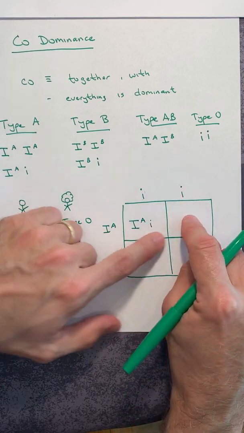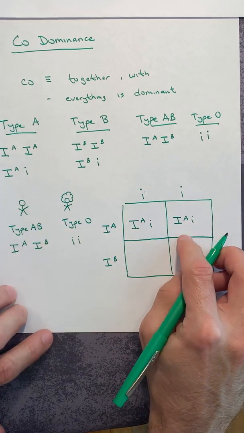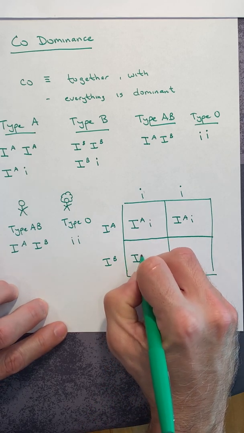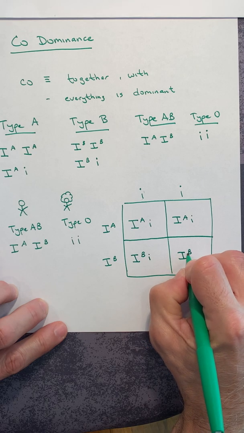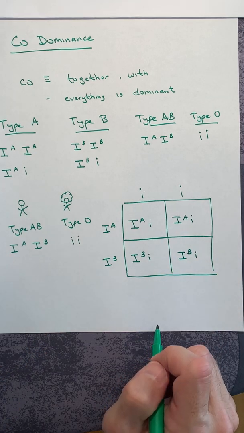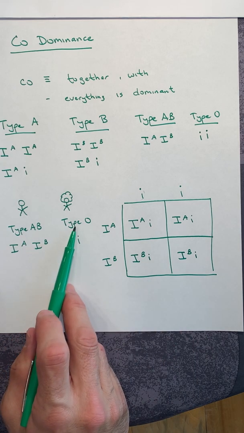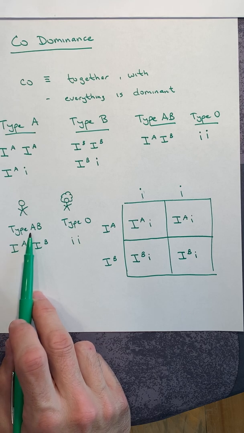Or come over here, would also be IA little i. Down here, IB little i, IB little i.